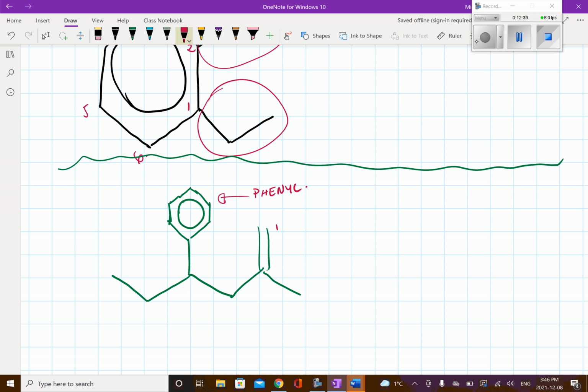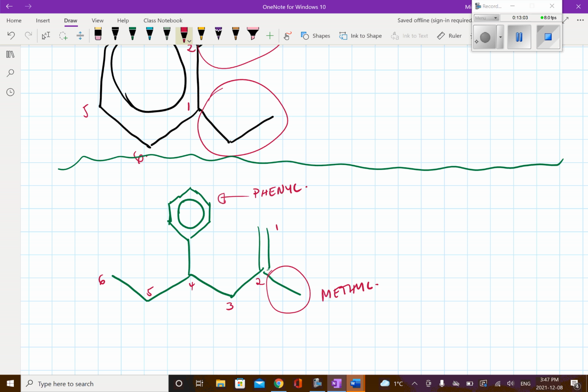And then the numbering will start 1, 2, 3, 4, 5, 6. The closest number of numbering the carbons should be on the double bond. So the double bond has to be the first one. And then we have another branch here, which is methyl.